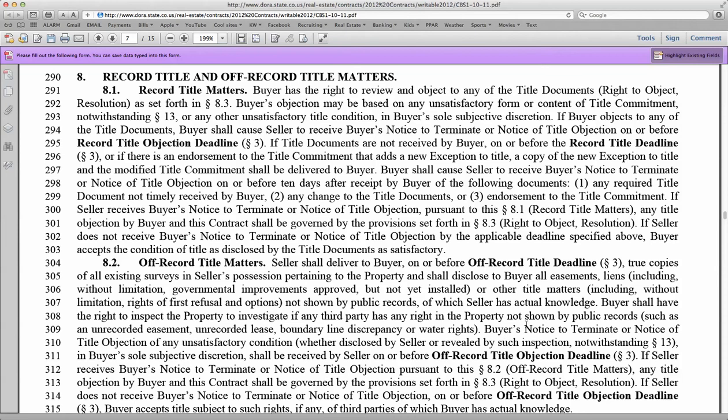If there are any off-record title matters, they need to be delivered to the buyer on or before the off-record title deadline, which again was in section 3.